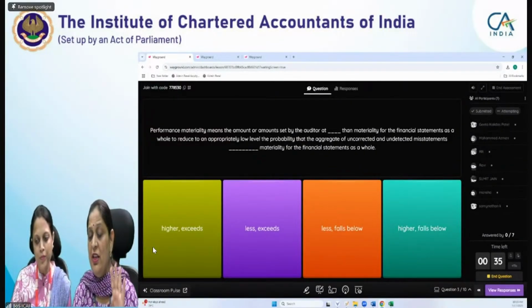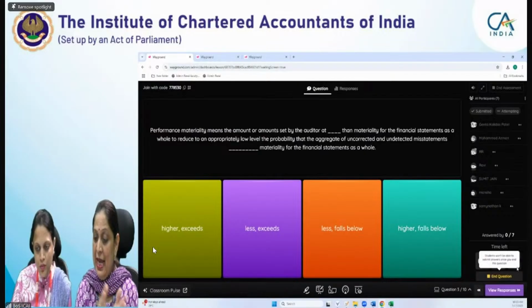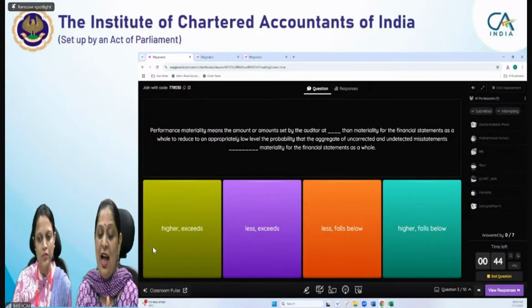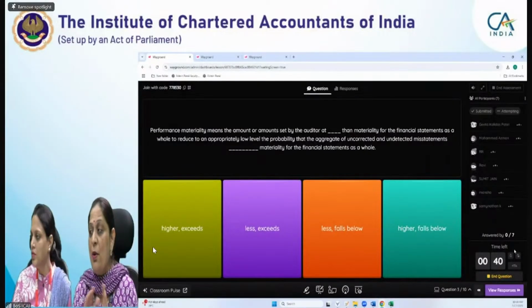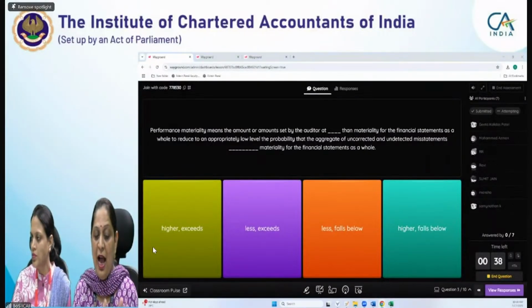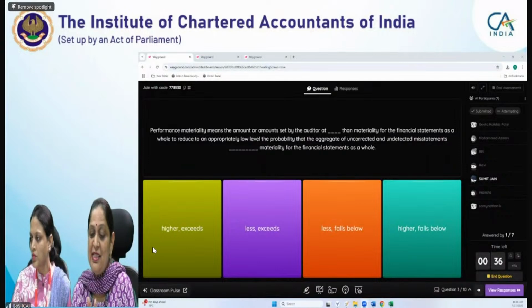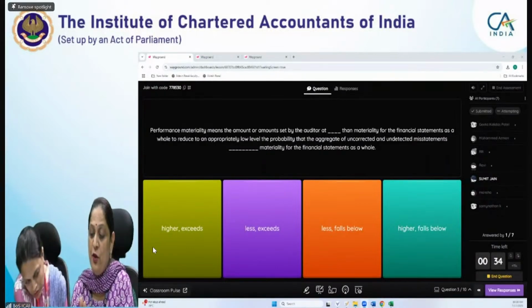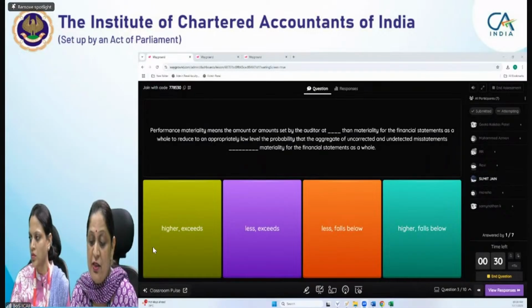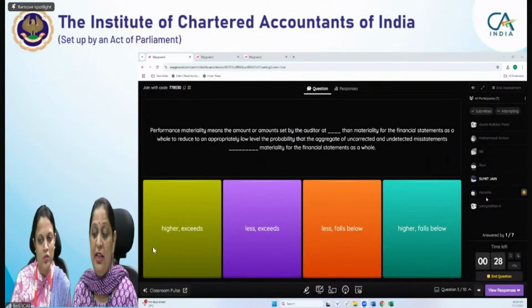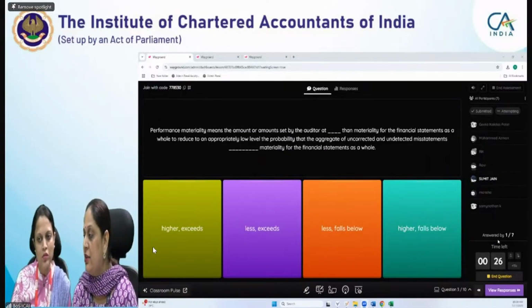So you are having again 4 options: less, or higher. Then in the combination, again we are with the higher, we are having exceeds or falls below, right? So permutation combination of higher exceeds, less falls below, or higher falls below. Right now we have received only one correct answer, that is from Sumit, and waiting for response from all other students.